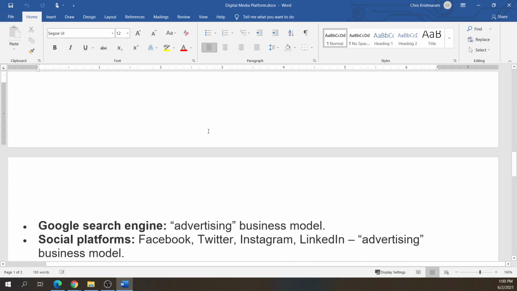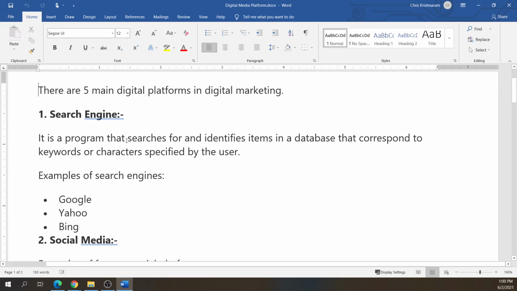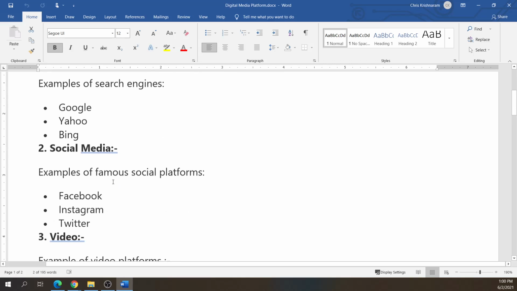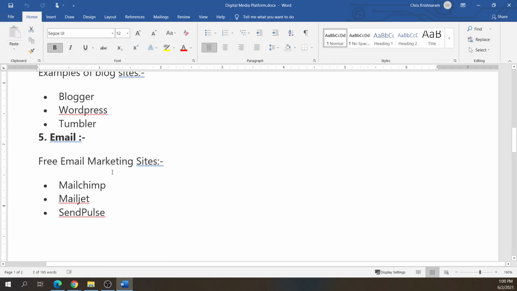So we have 5 main types of digital platforms. We have search engine platforms, that when you search they give you specific content based on your search. Social media, video platforms, blogs, and emails.